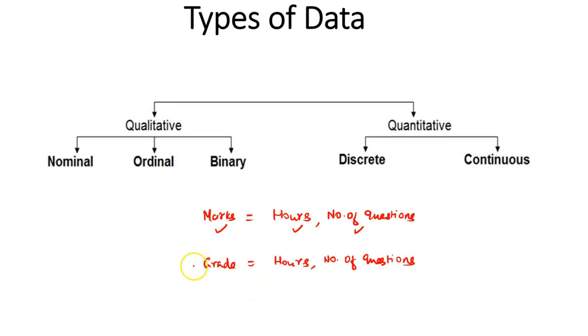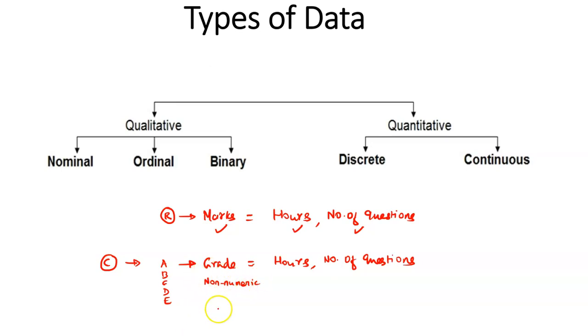Grade can be A, B, C, D, E, assigned to a student based on the marks. I am not predicting marks, rather I am predicting grade directly. So this is a classification problem, while the earlier one is a regression algorithm. That is the first thing you need to understand. This is a non-numeric variable.